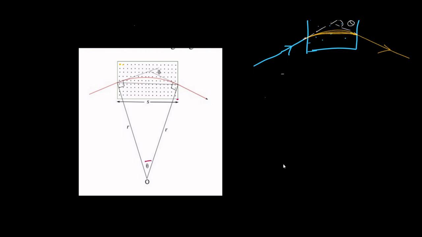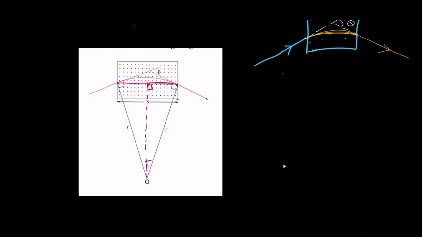So look, if I connect these 2 points, now it becomes a triangle, right? And I'll connect the centers.